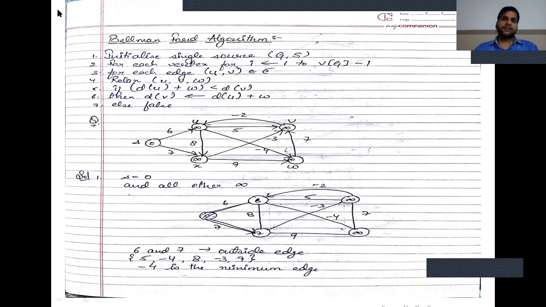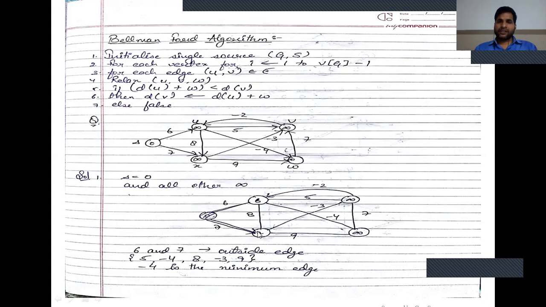First we select the paths from the source to all outgoing adjacent vertices, like S to U and S to X. So the value of U is replaced by 6 and the value of X is replaced by 7, and those are selected.